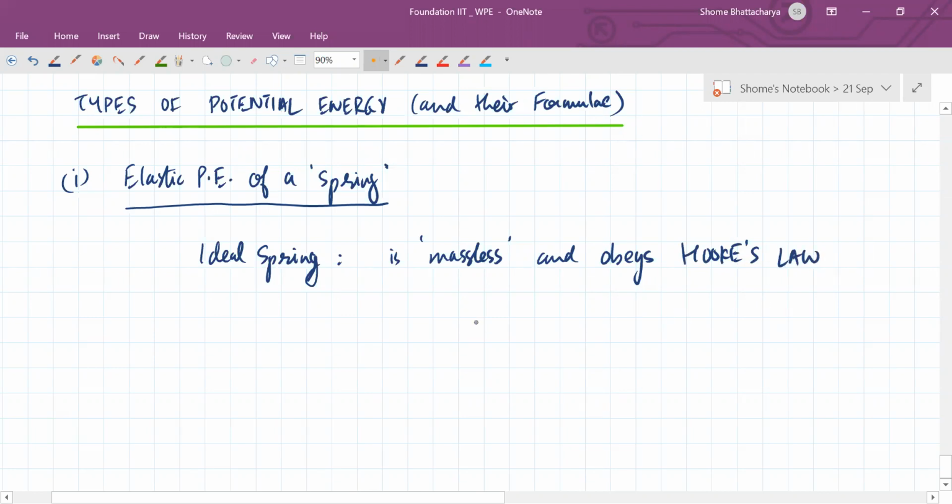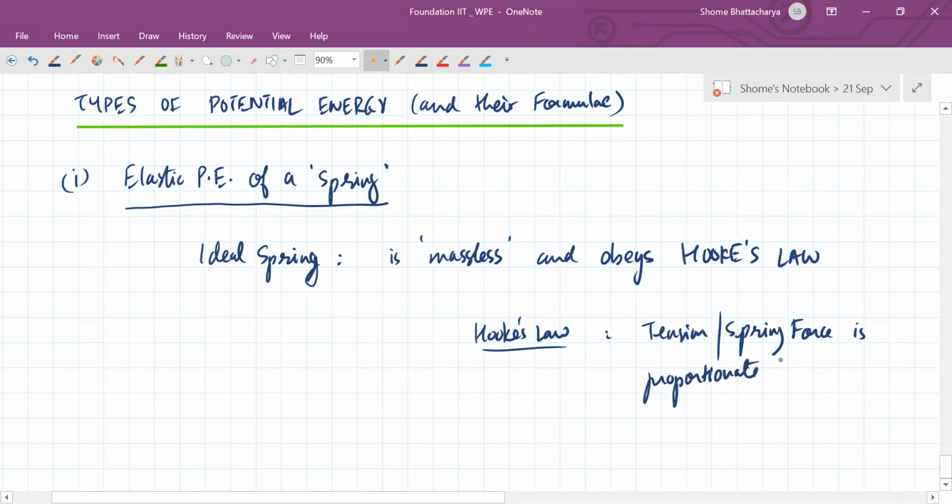So let's understand Hooke's law. Hooke's law is that the tension or spring force is proportional to the deformation x.